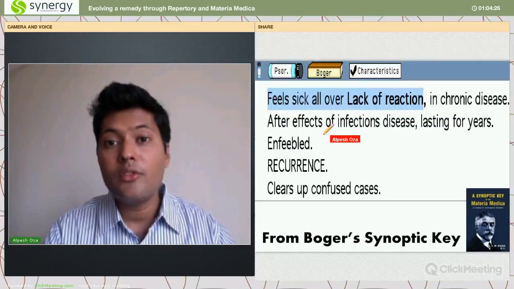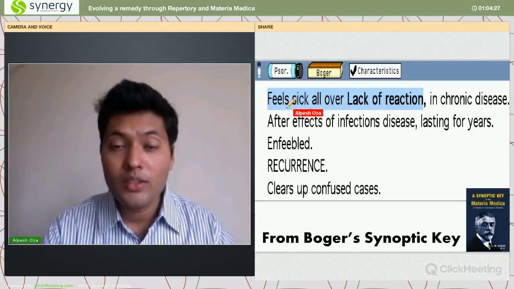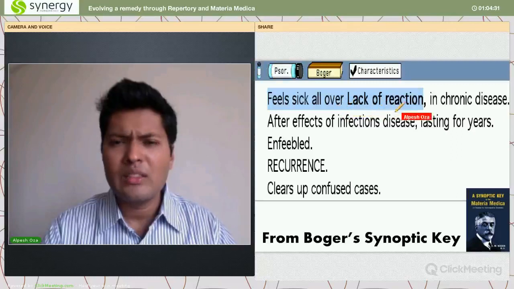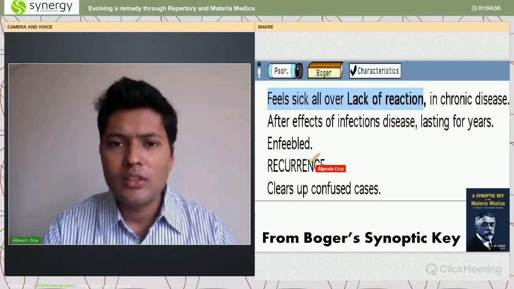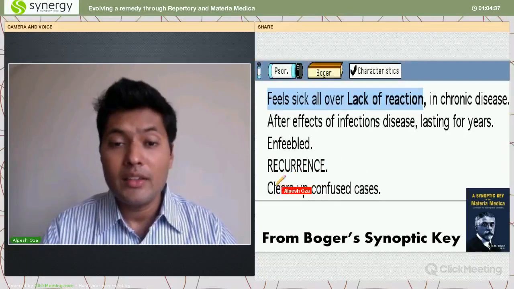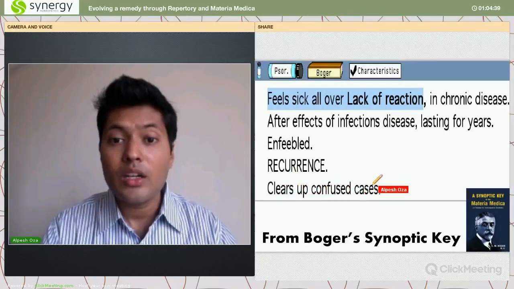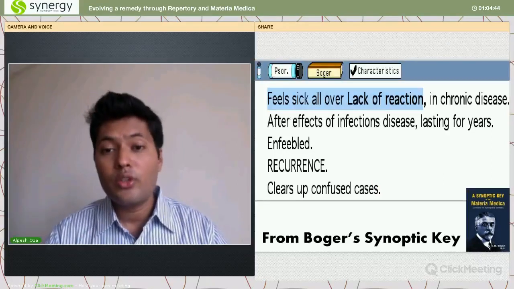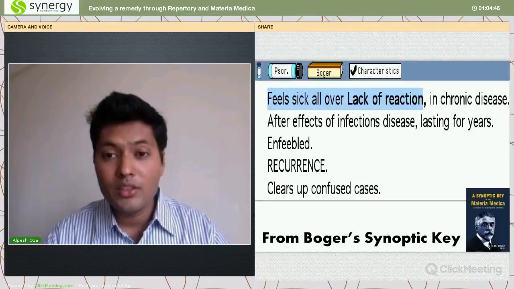And then we read from Boger's Synoptic Key. We see feels sick all over. There is a lack of reaction. Recurrence, given in capital letters, and written as clears up confused cases where we don't know which remedy to give or the remedy is not helping the case.